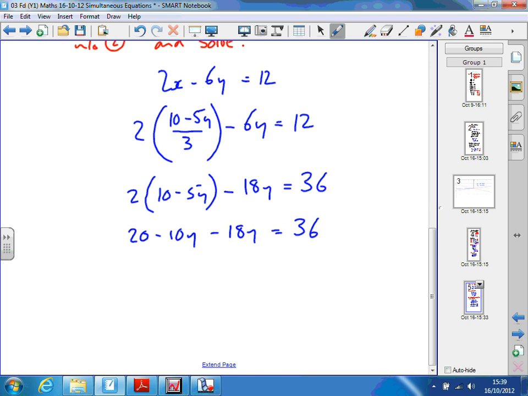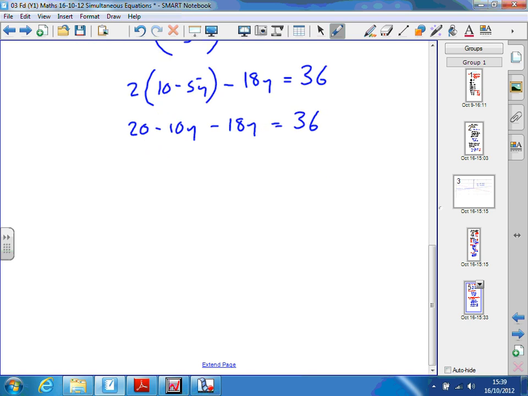Can we simplify it? Minus 10y minus 18y is minus 28y. So I can collect together the like terms.